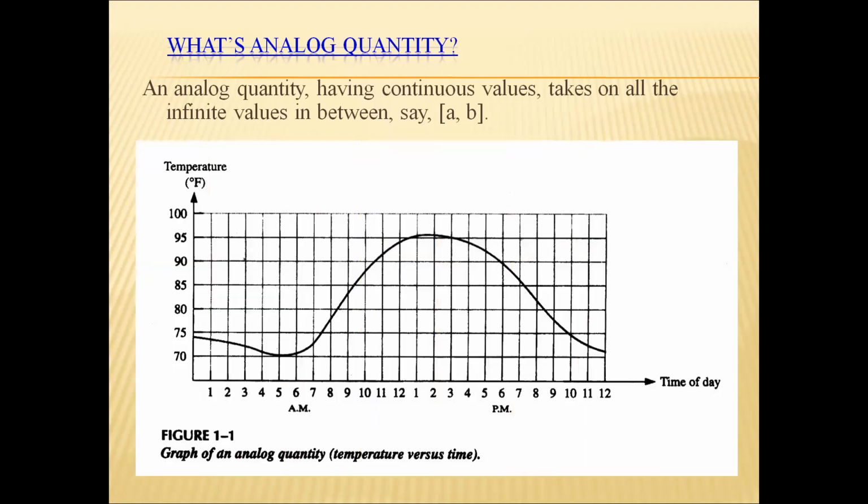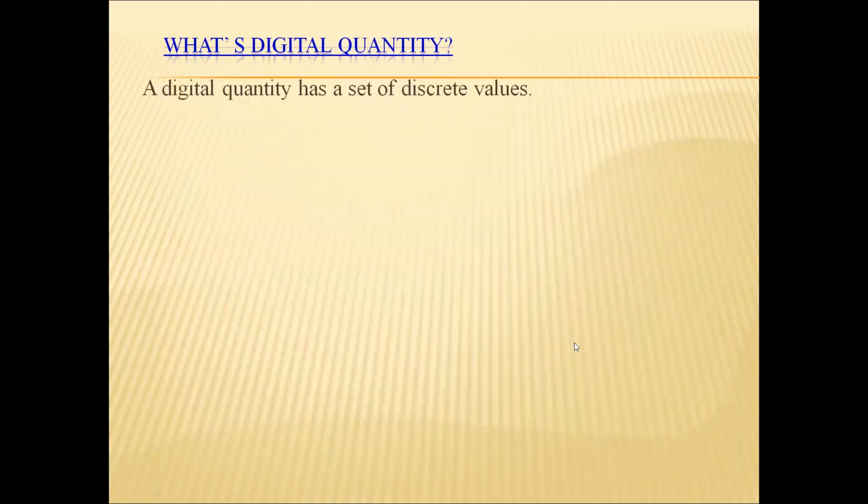You can see here, if you plot time of the day on the x-axis and temperature along the y-axis, the analog quantity is continuous throughout the graph. Now, a digital quantity has a set of discrete values.